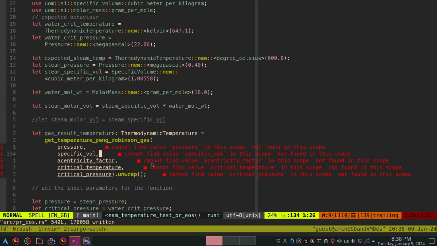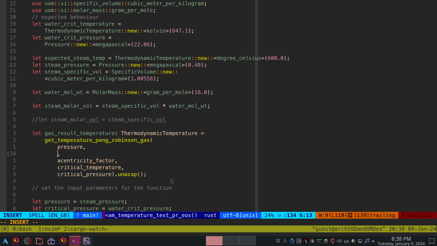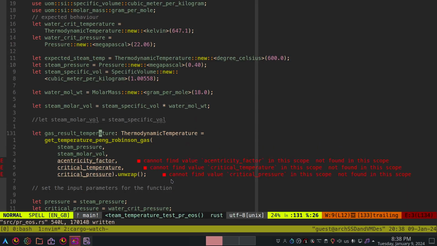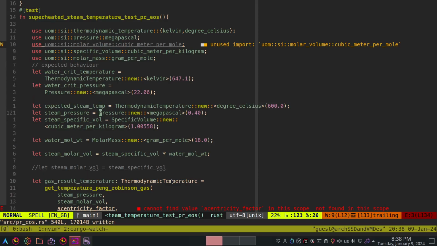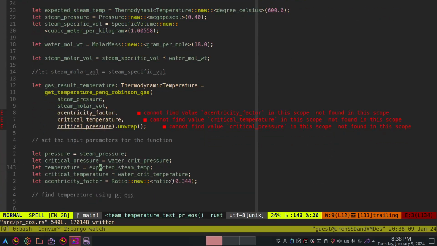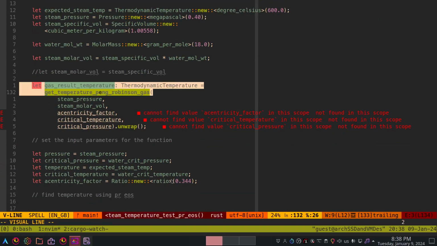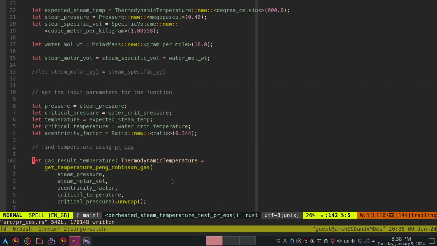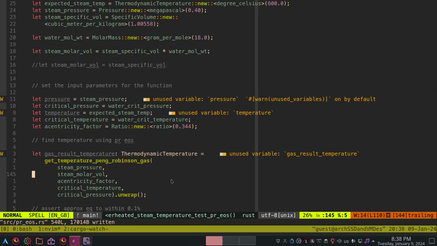Okay, so let's take a look. The specific volume will be the steam molar volume. Pressure here is the steam pressure. Eccentricity factor, where's the eccentricity factor? I'll do it here.